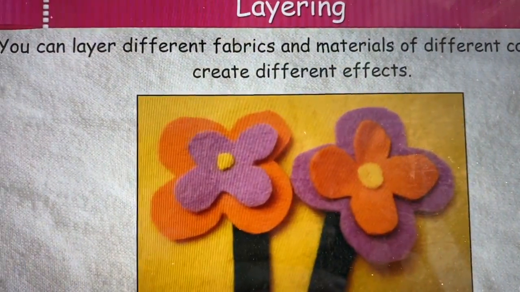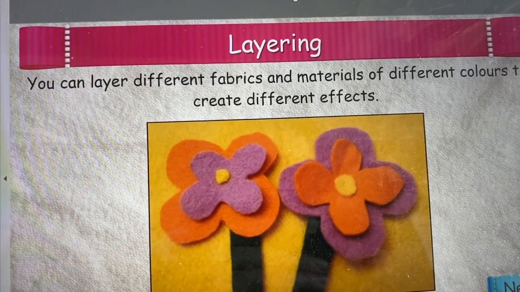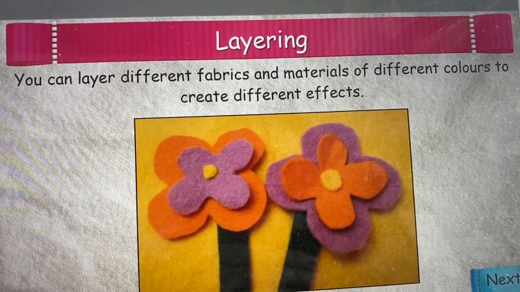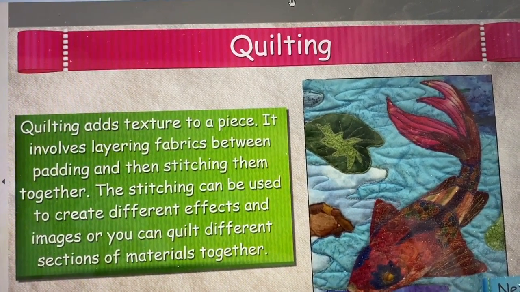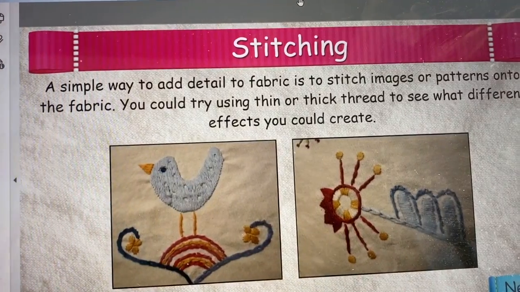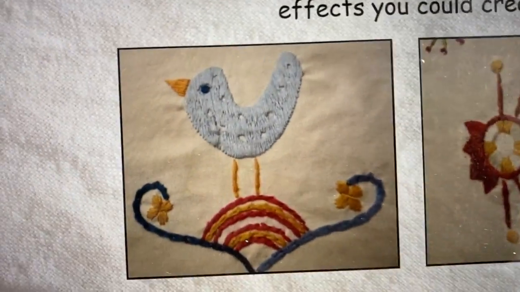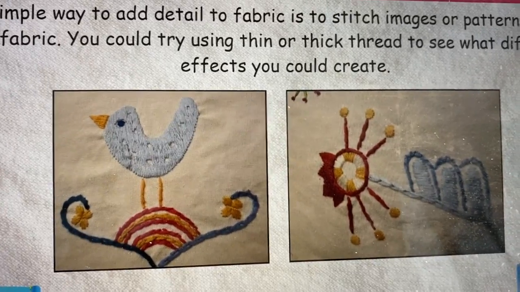Then we also discussed layering with fabrics. You can use different materials to layer as well. And we discussed quilting, where we sew to add texture to a piece. There was also the stitching. That might work well if you want to frame something, for example, or make little details.